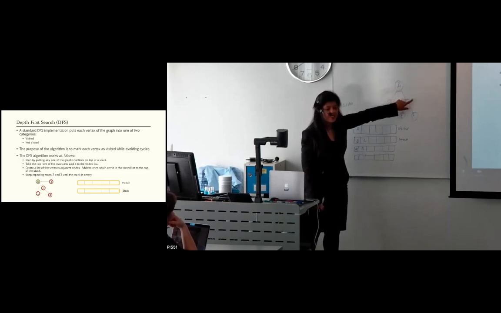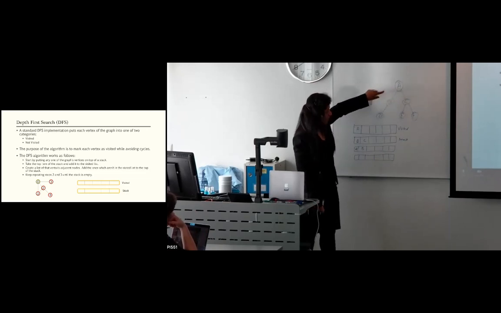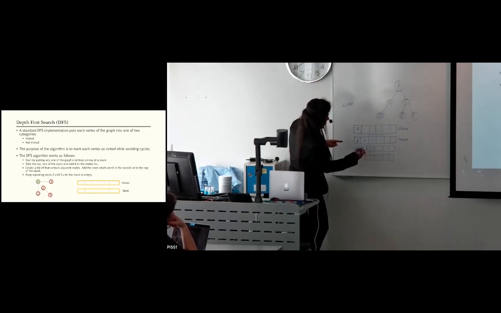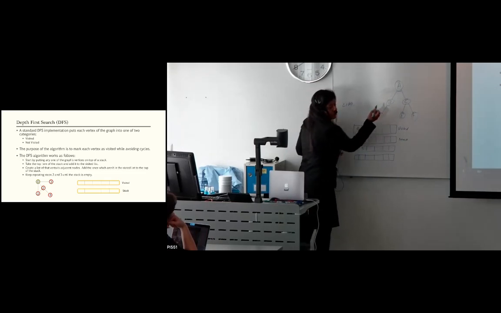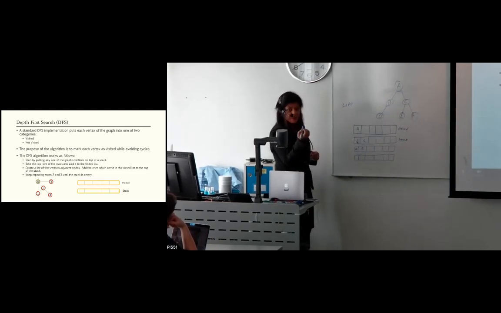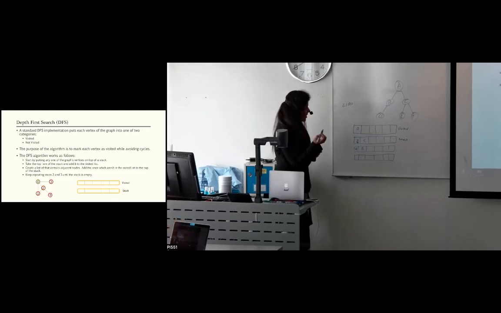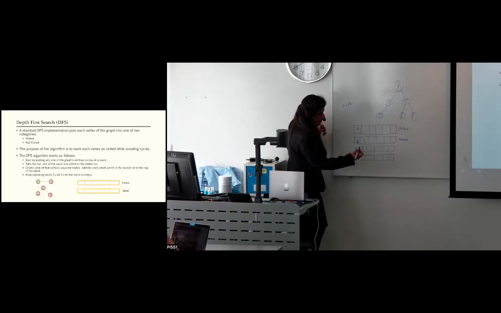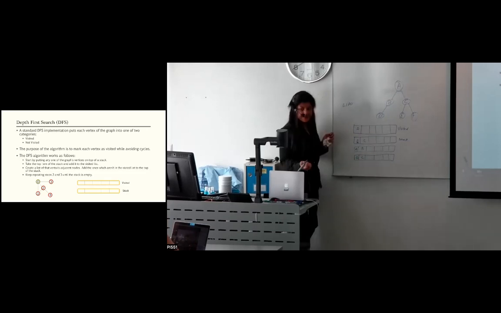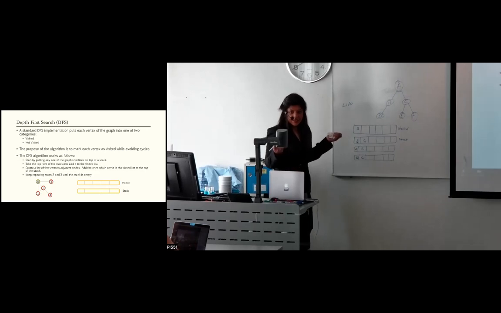B and C. Now we just get B and C in the stack. Who is the top of the stack? B. And who is the child of B? D. So it will be D and C, as it is like plates.